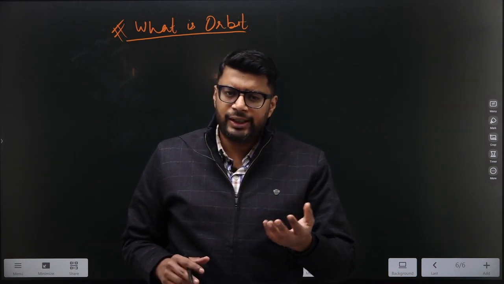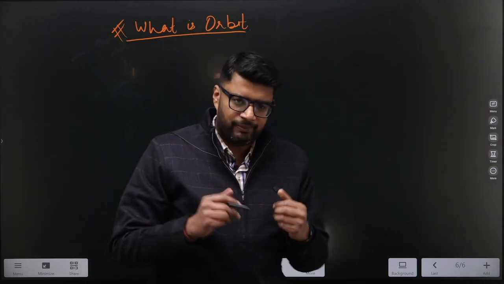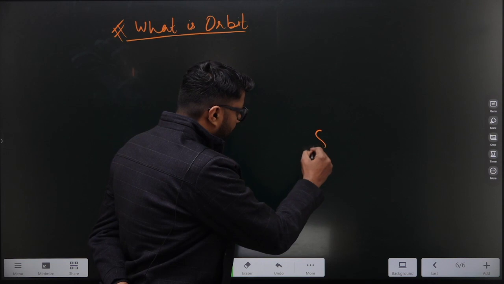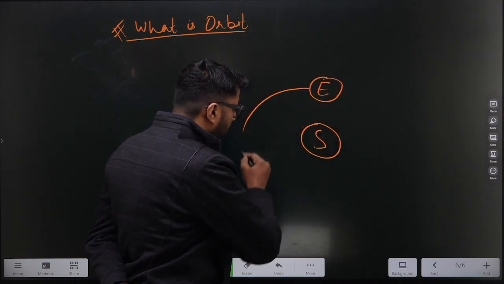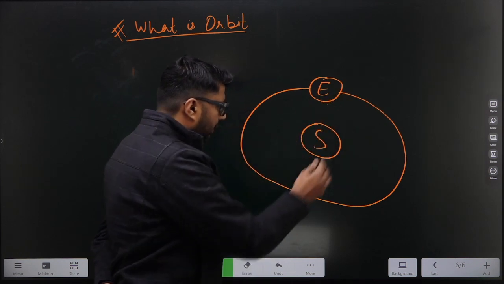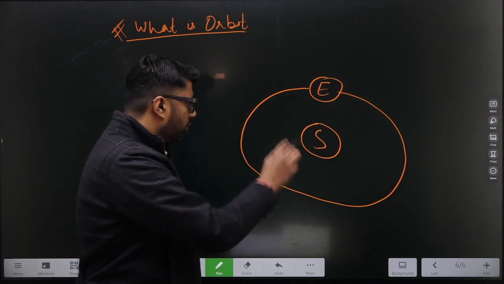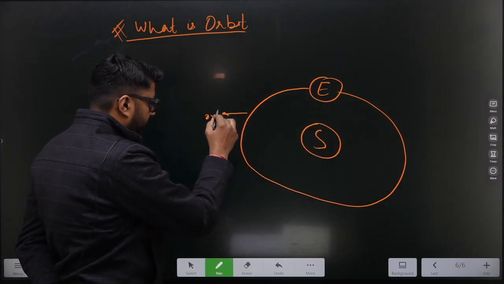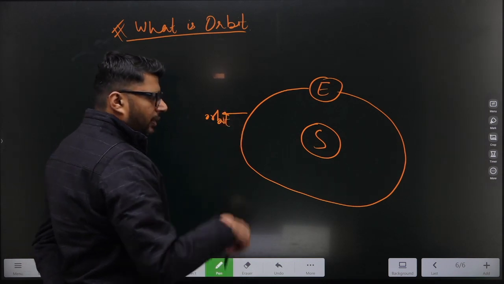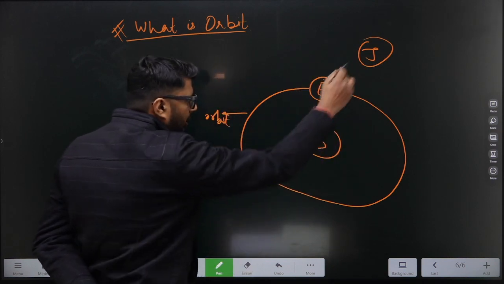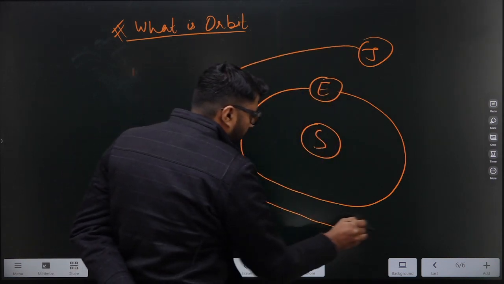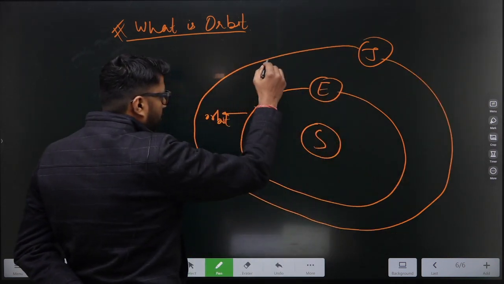Take an example: this is the Sun, this is the Earth. Earth revolves around the Sun in this path, so it is called its orbit. Take another example: Jupiter is also revolving around the Sun, so that is also its orbit.